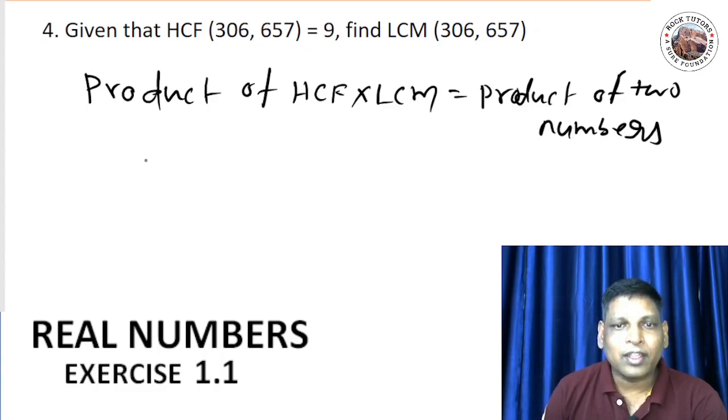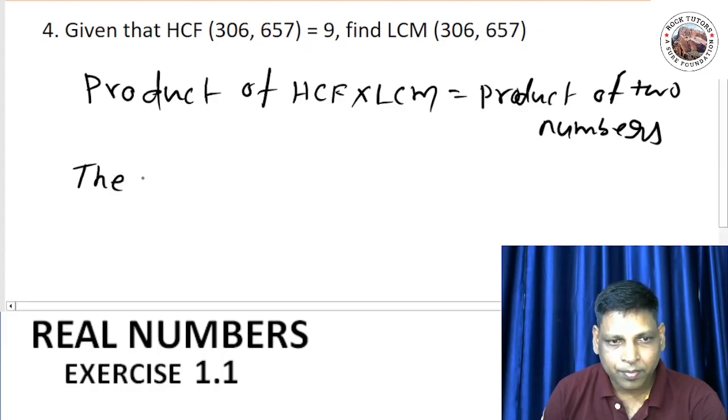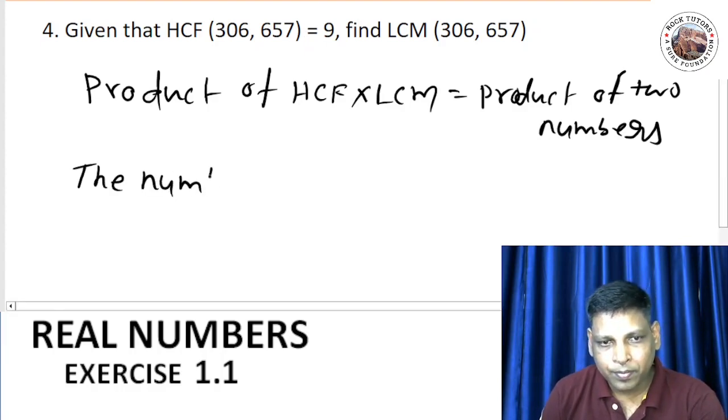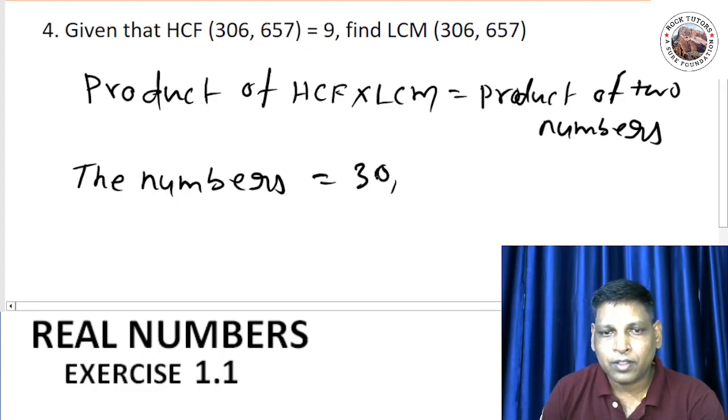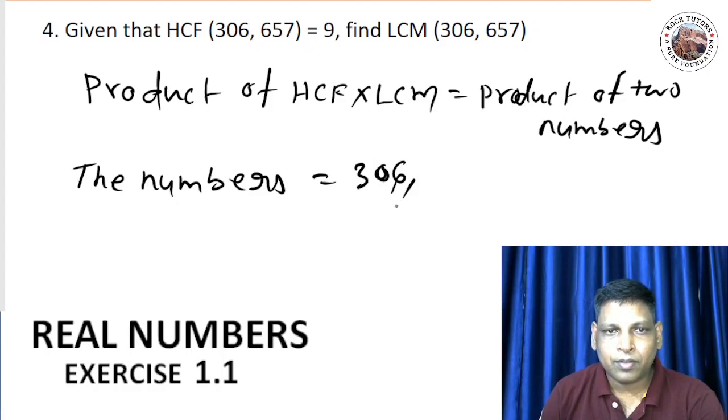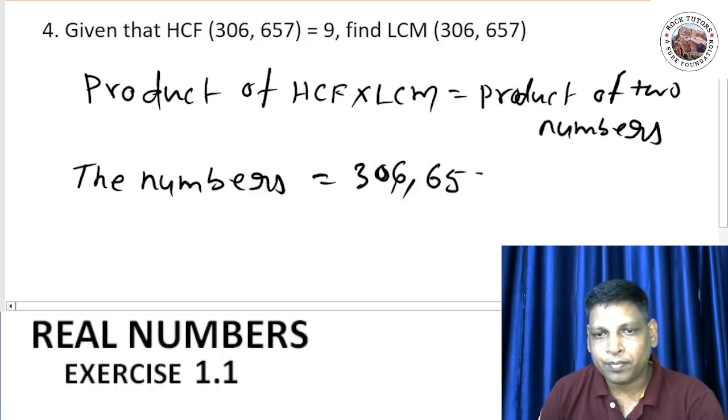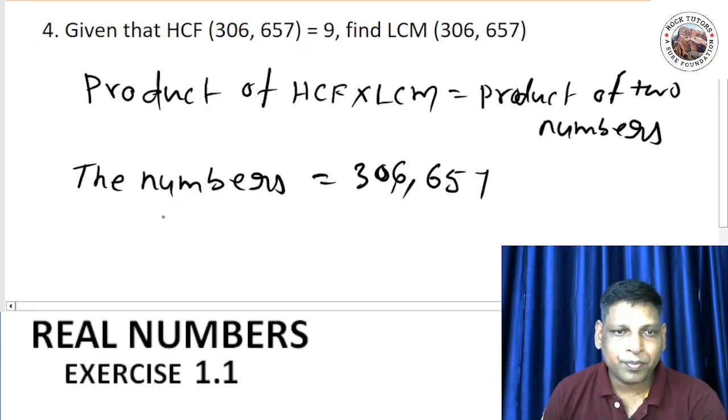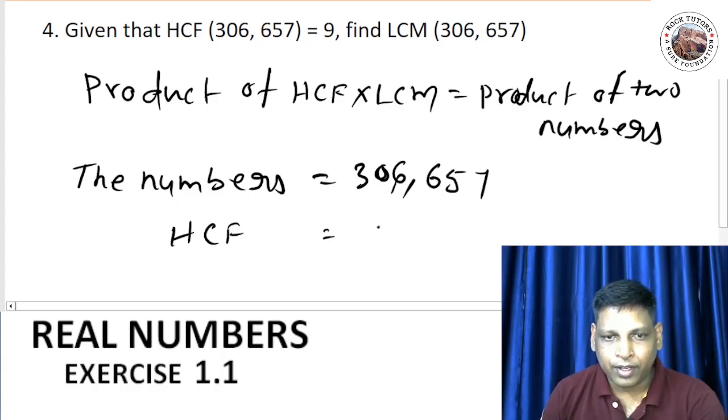So we know the numbers are 306 and 657, and HCF is given: HCF is equal to 9, and we have to find the LCM. LCM is how much?